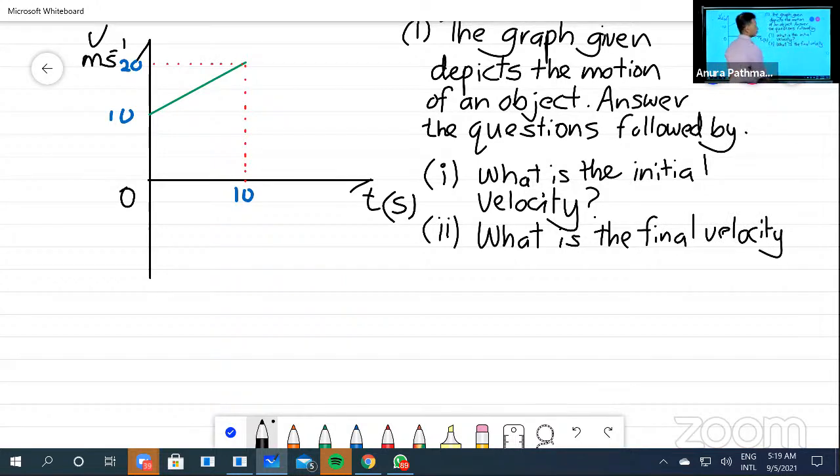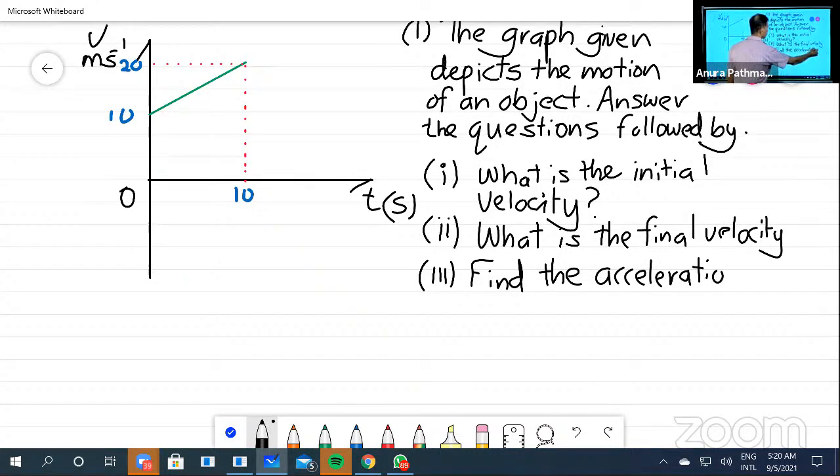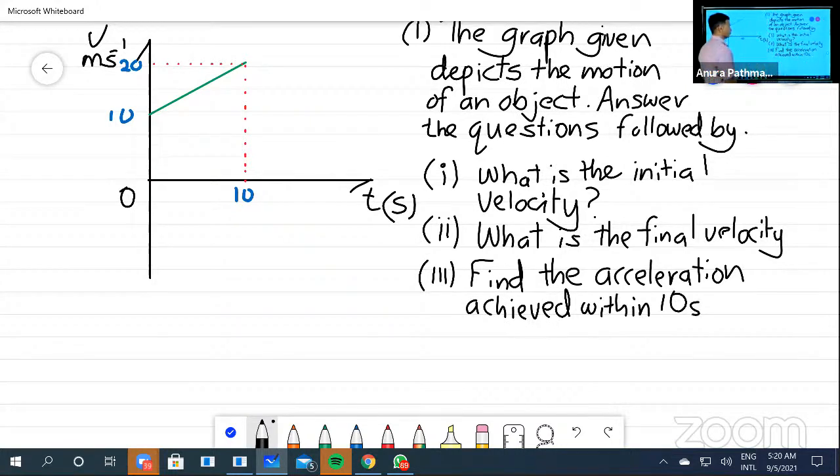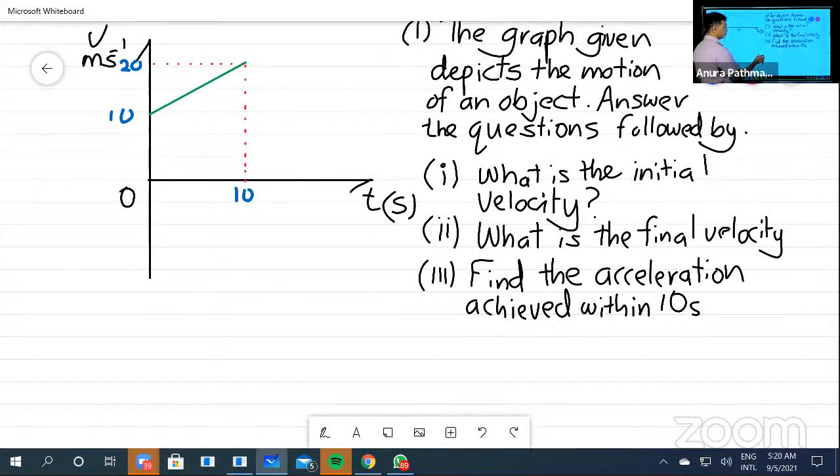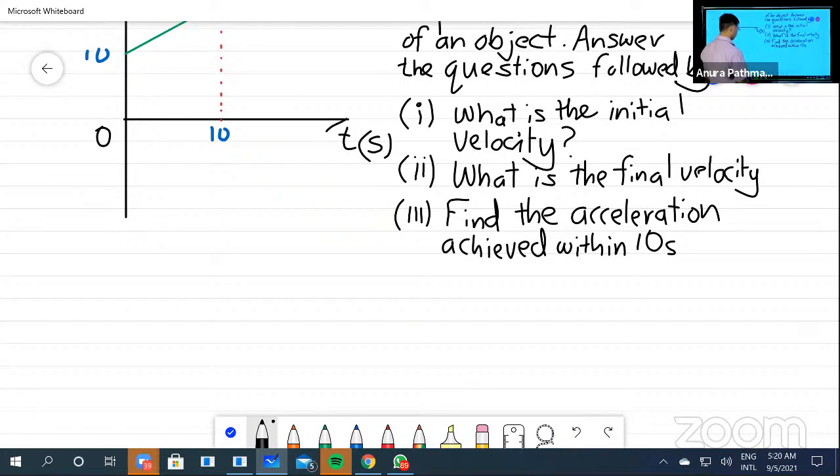Third one: find the acceleration achieved within 10 seconds.